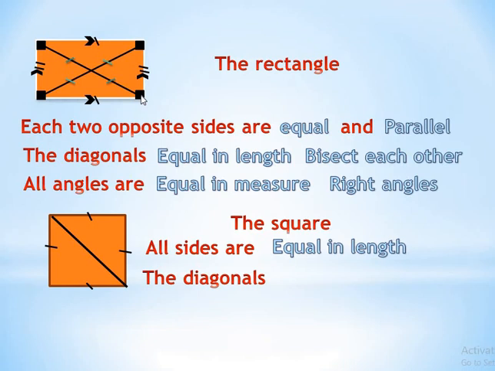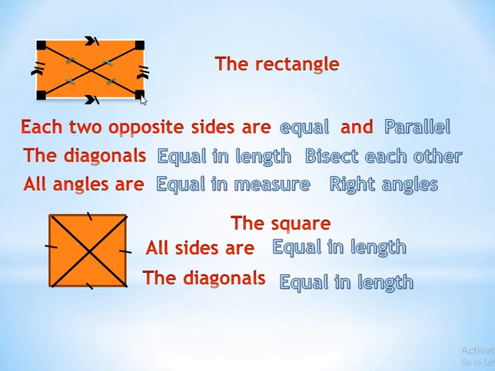What about the diagonals? We said that if one of the angles was a right angle, or if the shape has equal angles, so diagonals are, yes, very good, are equal.